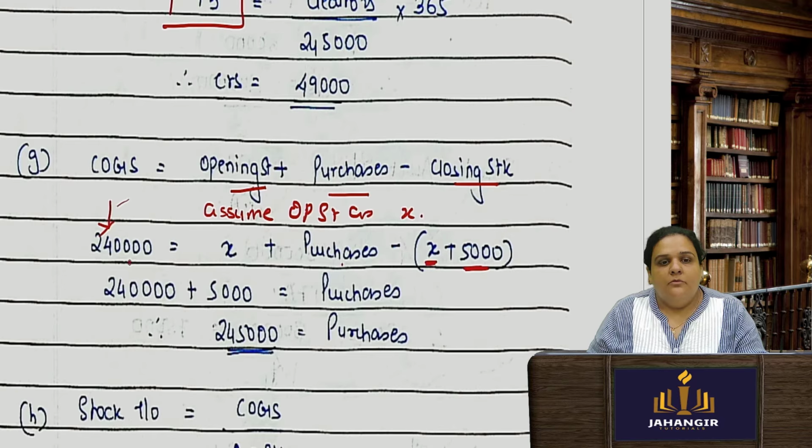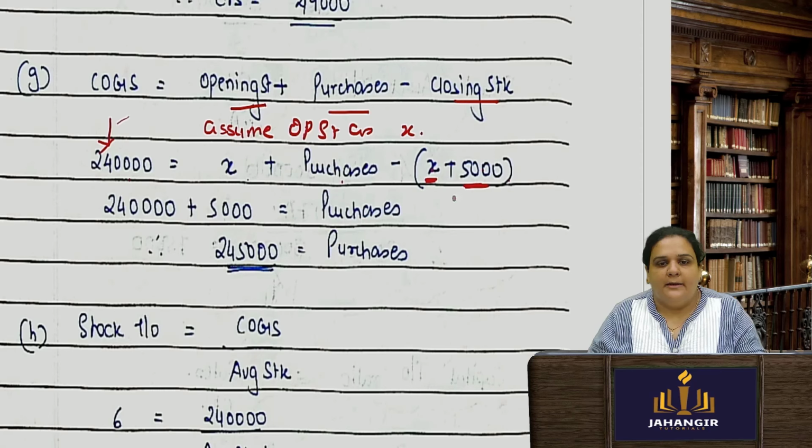Okay. Now 2,40,000 is equal to X plus purchases minus X minus 5,000. When you open the bracket, it will become 2,40,000 equals X plus purchases minus X minus 5,000, right? So minus X plus X cancelled. This minus 5,000, if I take it on the other side, it will become plus.